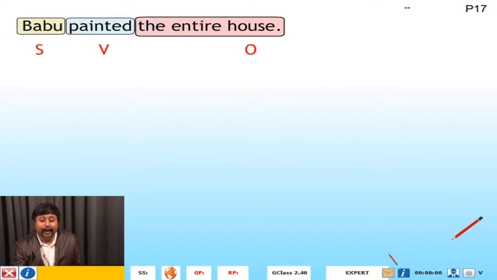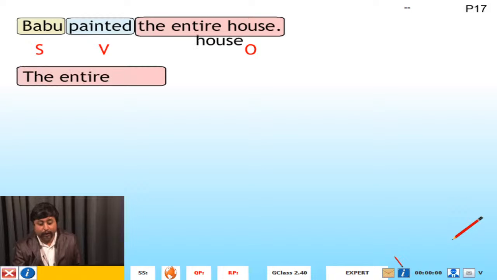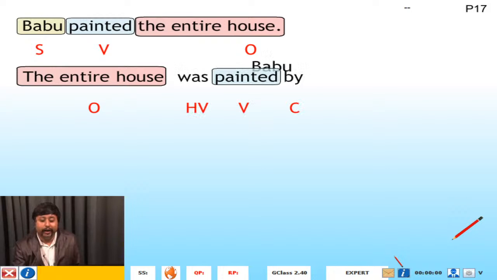Babu painted the entire house. Here, Babu is the subject, painted is the verb, and the entire house is the object. Now if we have to change this, the entire house was painted by Babu. It's very simple now. The entire house, the object, becomes the subject. We use the be verb as per the tense.